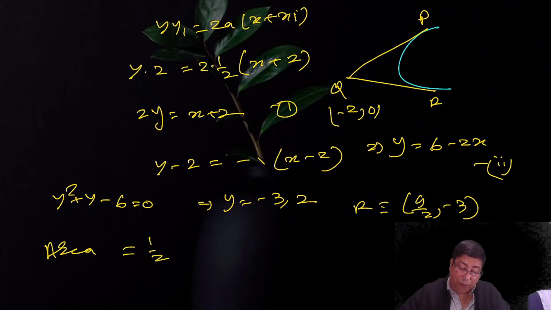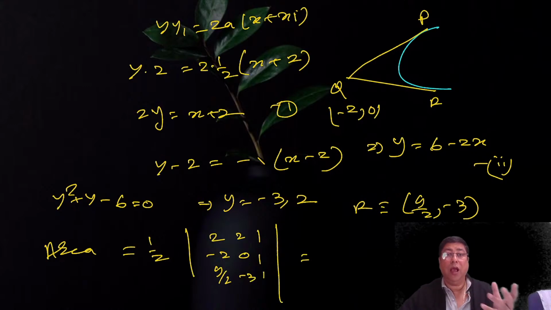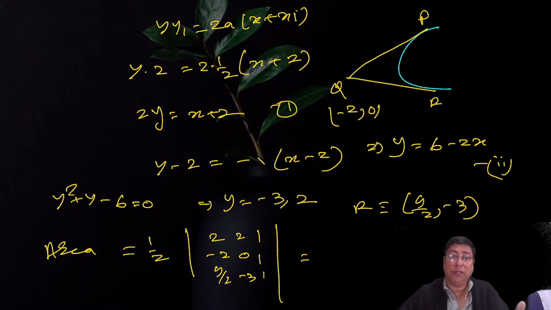So, half, what is coming? That is the determinant with rows 2, 2, 1; minus 2, 0, 1; 9 by 2, minus 3, 1. And if we just open the determinant, or you can do half x1 into y2 minus y3 plus x2, as you think better. Directly also we can do this.